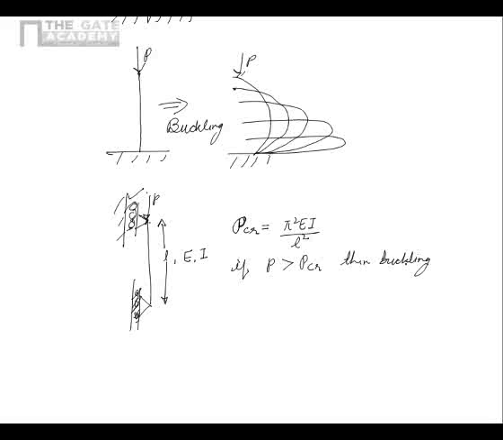Now it is very easy to see that P critical is directly proportional to I and E, which means that with higher cross section dimensions and a higher value of E, buckling can be prevented or the buckling load can be increased. But P critical is inversely proportional to L square, which means that if the length increases, the critical load decreases.